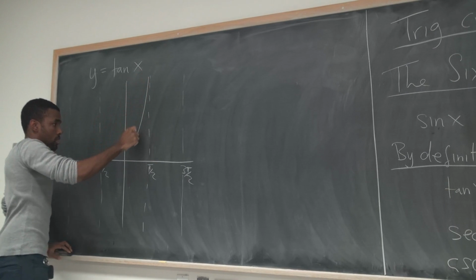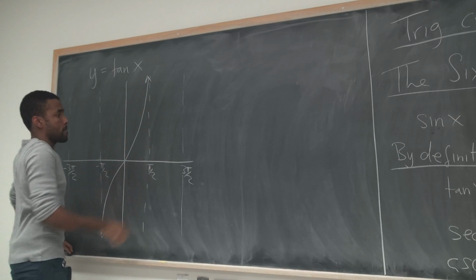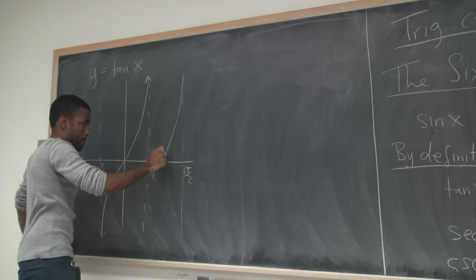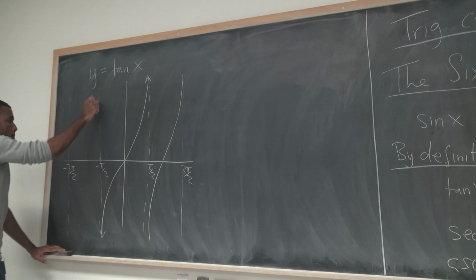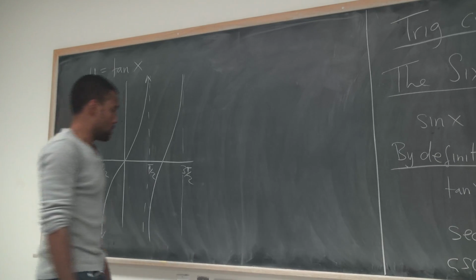It's asymptotic here, passes through the origin, goes like that. And this pattern repeats. That's the graph of tangent.